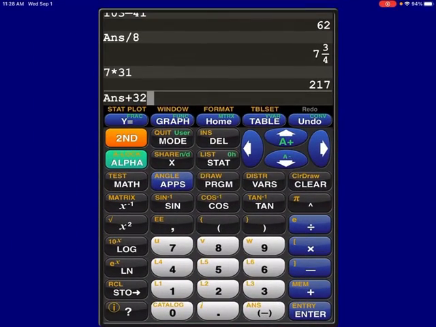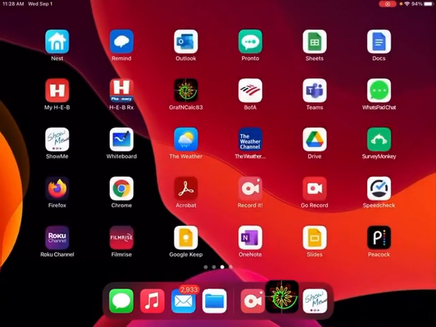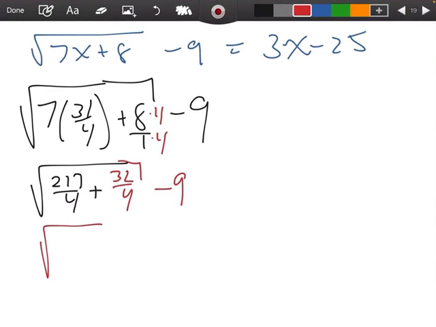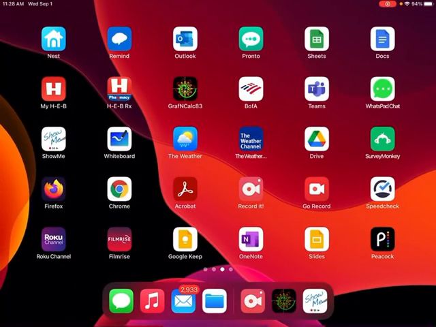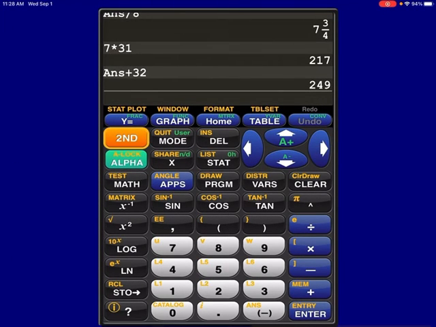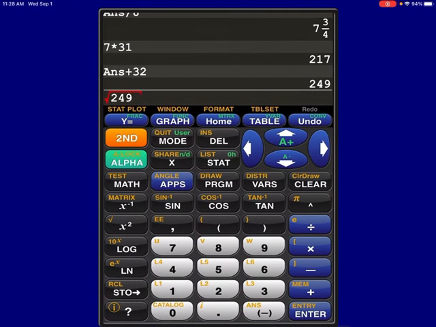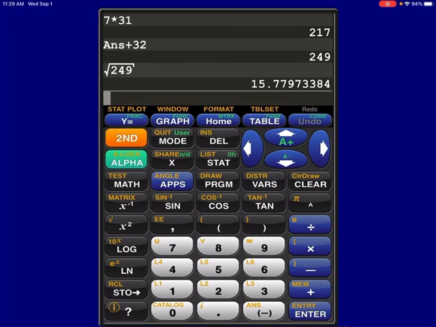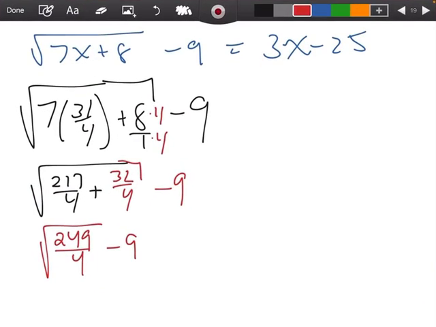Okay, so this is the square root of 249 over 4, minus 9. Well, let's see, can we take the square root of 249? I don't know. No, it's not going to work that way. Okay, so this is going to be the square root of 249 over 2, minus 9. That's what that part's going to look like.